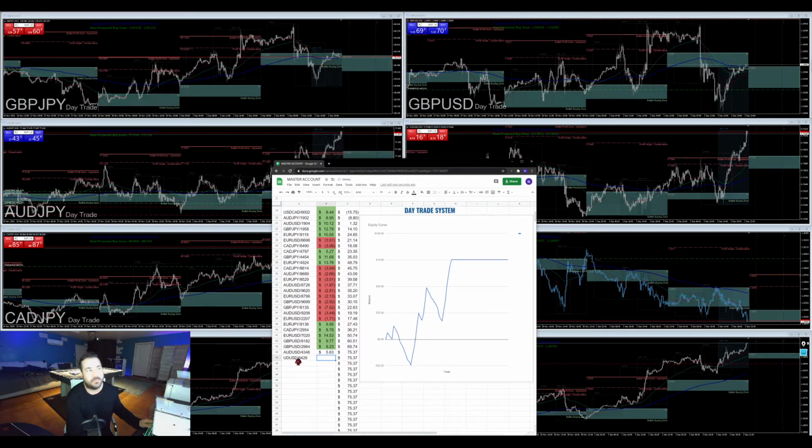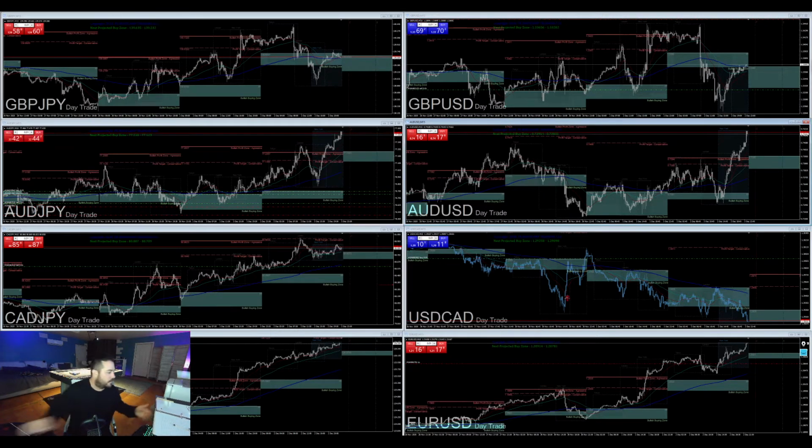And this one's good for. Alright, we got those knocked out. And I think the only day trade I have remaining is my Australian yen.